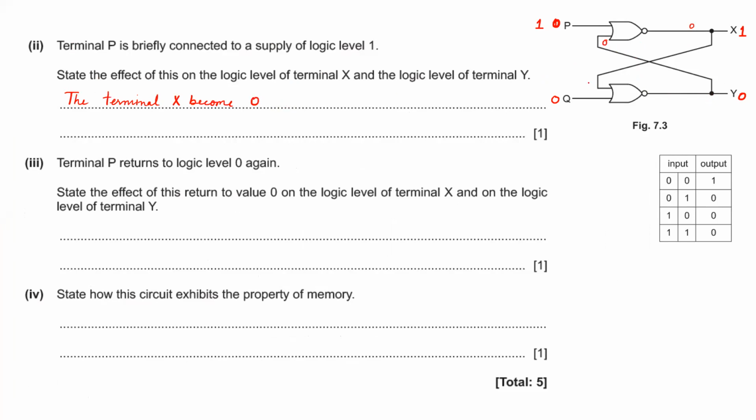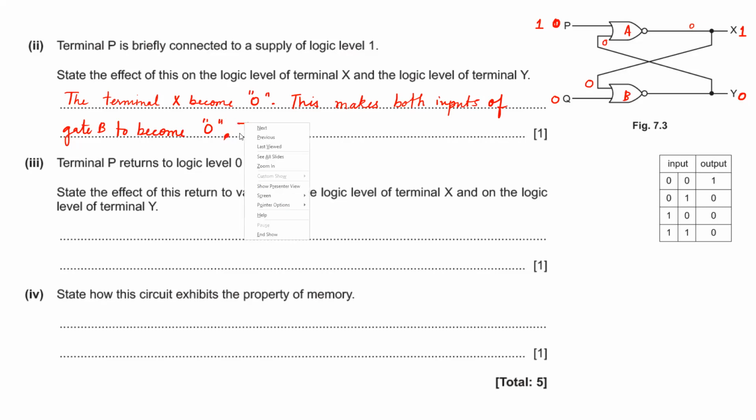If terminal X becomes 0, this makes both inputs of gate B become 0, 0, 0.